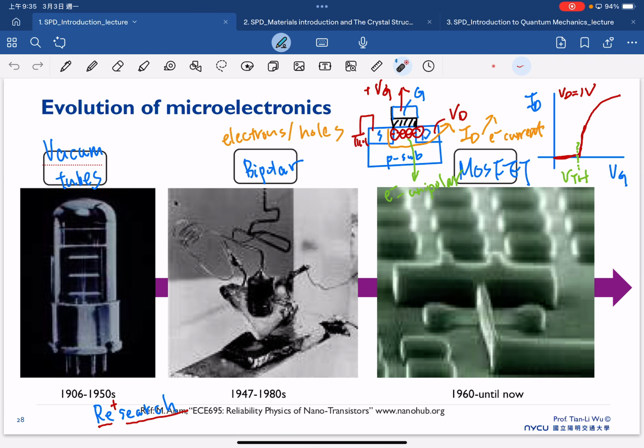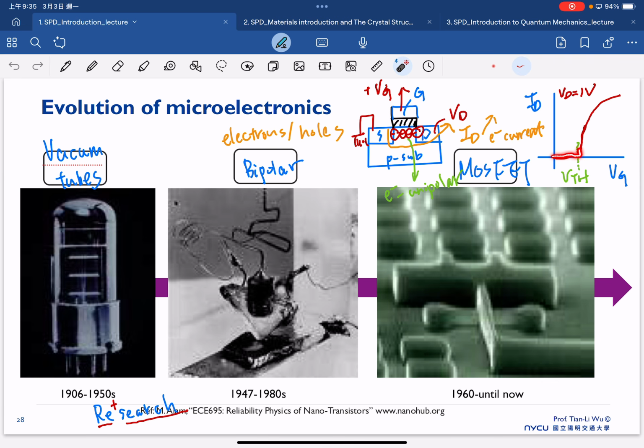That's why, if you look at the drain current versus the gate voltage here, first of all, we need to apply a high enough gate bias. Once we apply up to a certain value, we start to have enough electrons in this region.